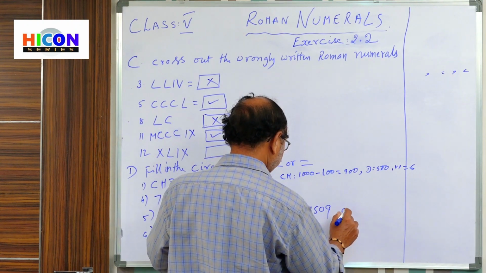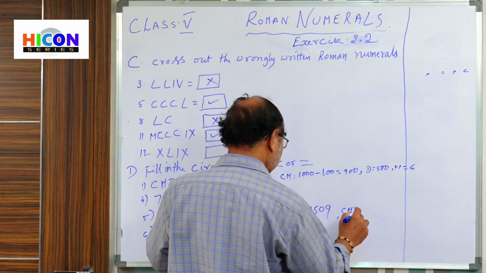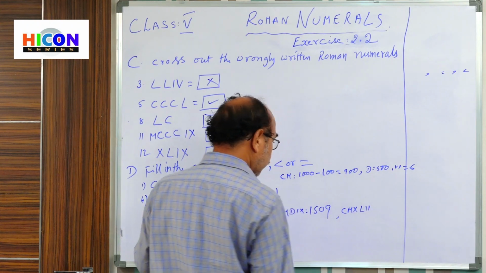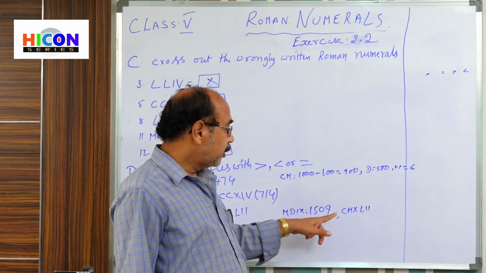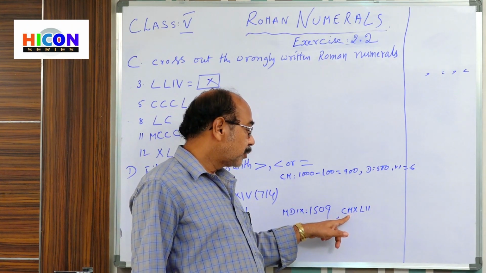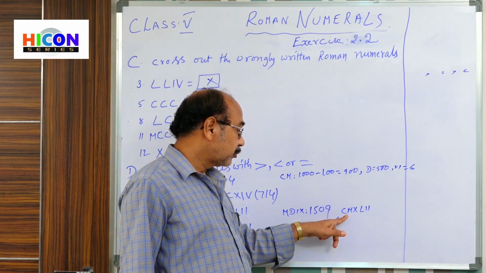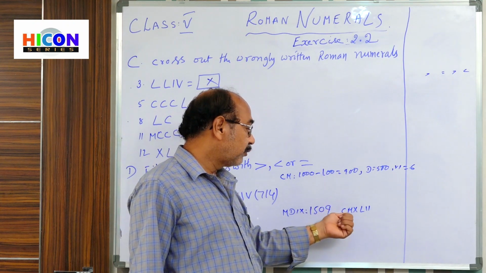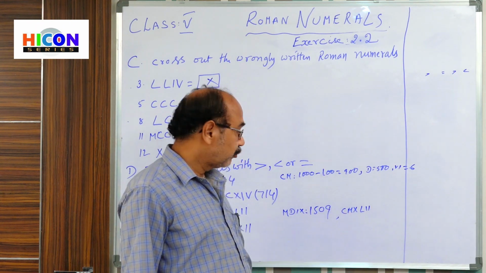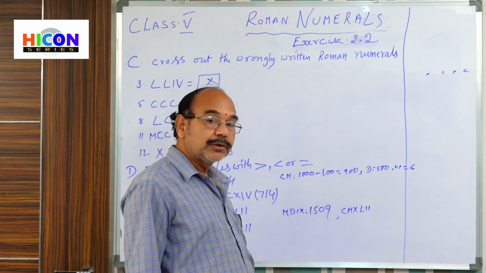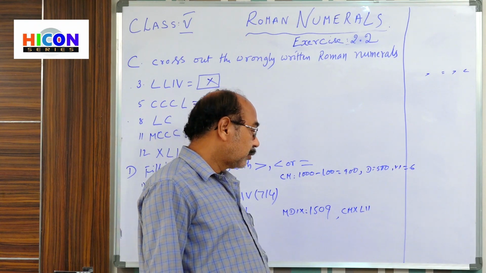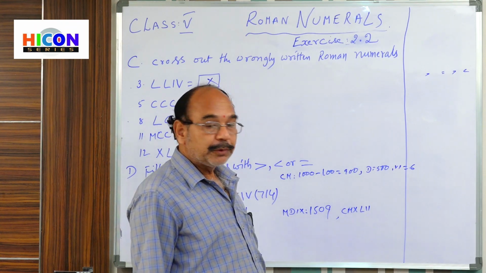What about this? CMXLII. Here C is small, M is big. C is placed to the left of the big number. That's why subtraction. CM means 900.